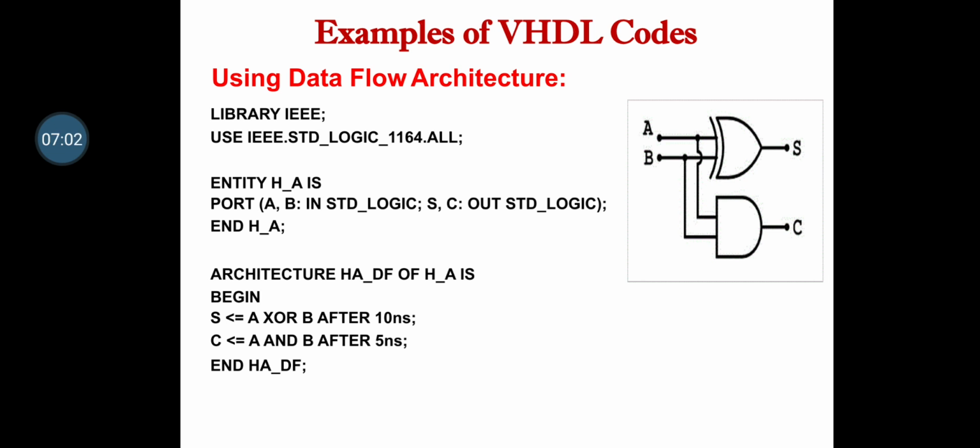You can see S is assigned A XOR B after 10 nanoseconds, and C is assigned A AND B after 5 nanoseconds. End half adder, the end of the architecture. This is how you write in the data flow model.